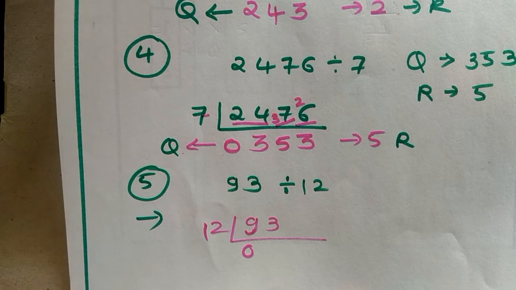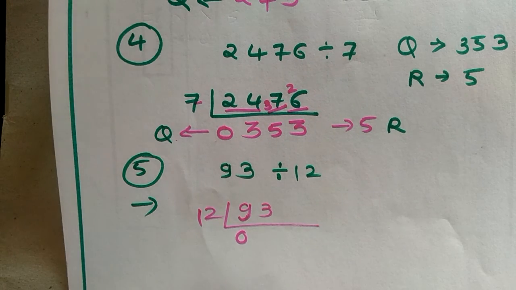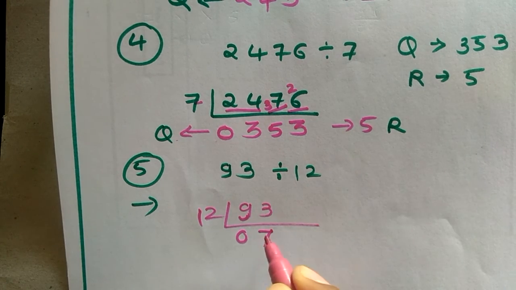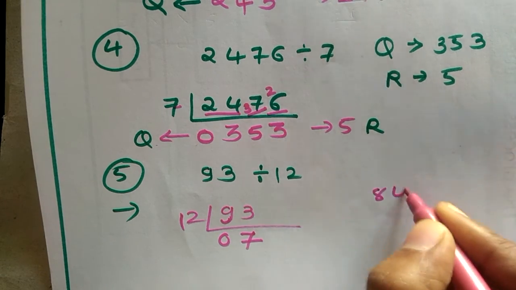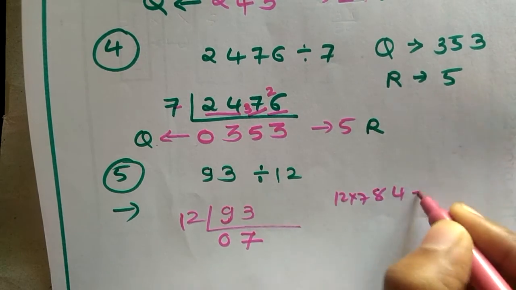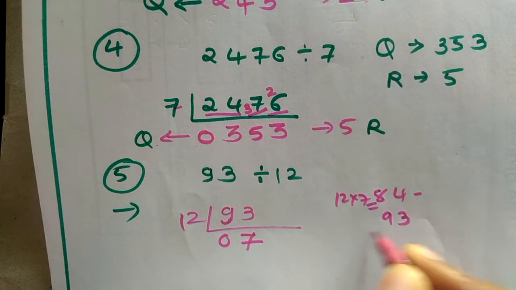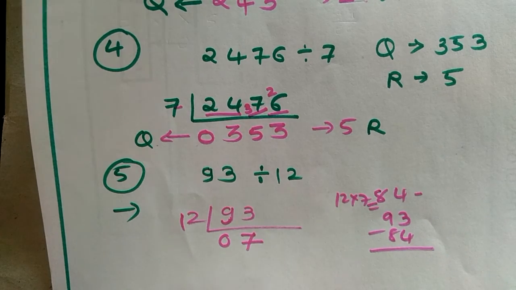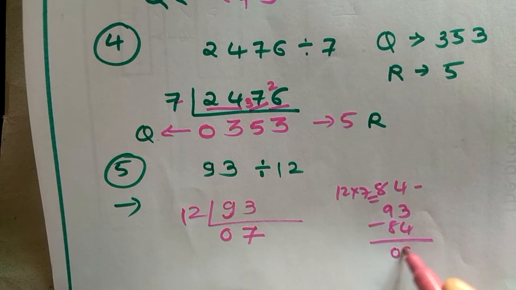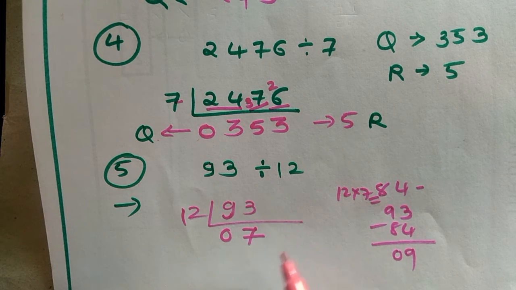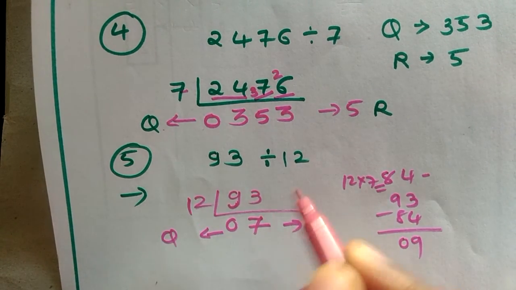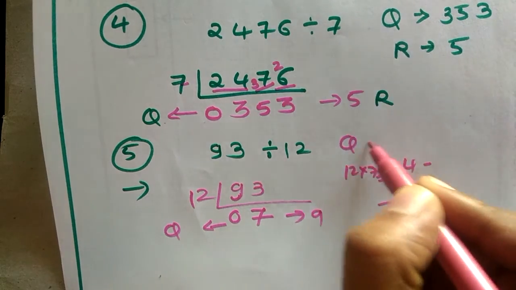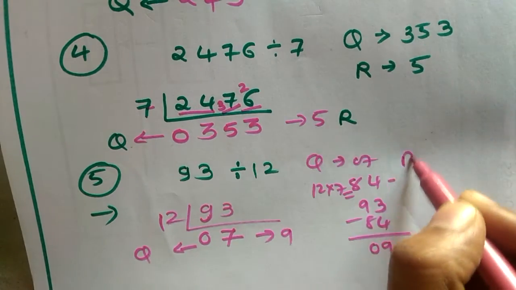So before that, what number comes, that we have to take. 12 sevens are 84. So from 93 you have to subtract 84. So here you will get the remainder 9, and here we don't have any digit. So the remainder we write is 9, and this is the quotient. So when we divide this, the quotient is 7 and the remainder is 9.